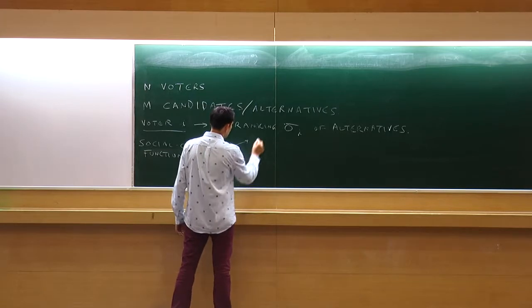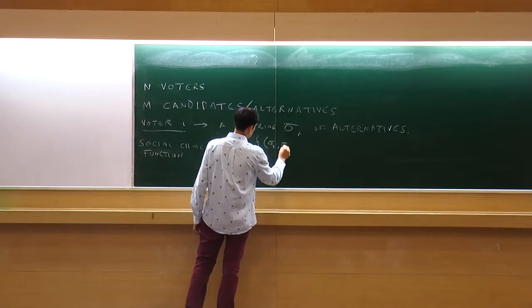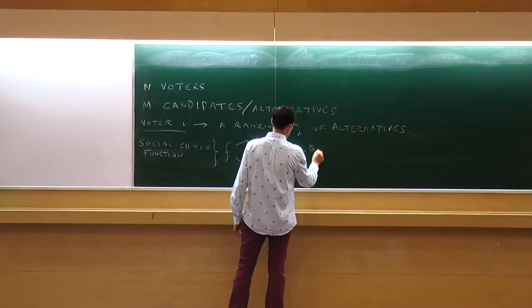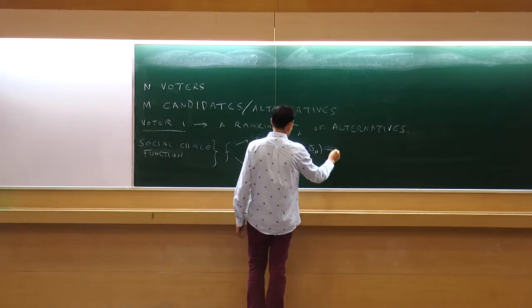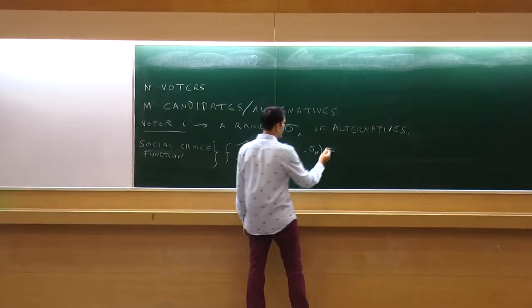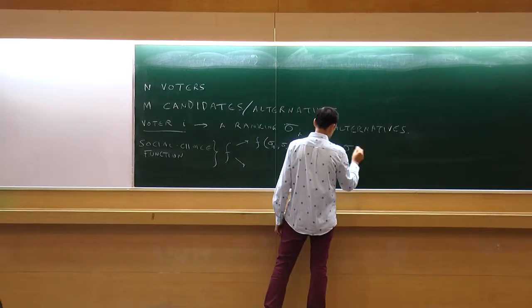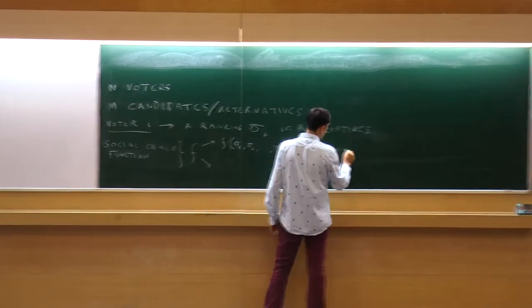One is that F takes all the rankings and produces another ranking sigma, which is a ranking on all the alternatives.